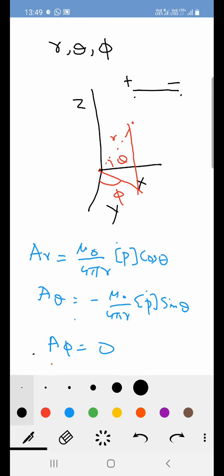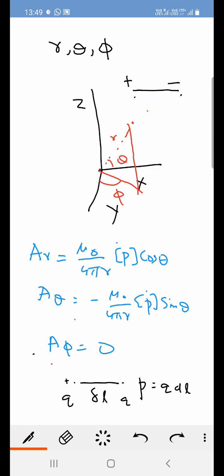So due to this oscillation, we can write the charge q as equal to q0 e to the power minus i omega t.